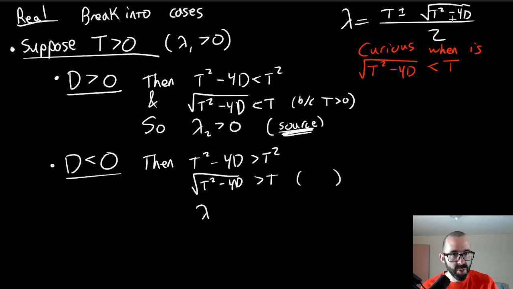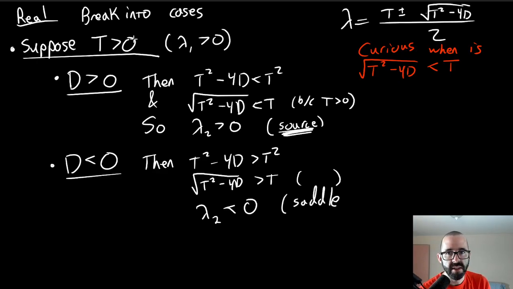And because this part is bigger than this part, then the second eigenvalue, when we subtract, will switch the signs. If this is bigger, we have a smaller number subtracted by a bigger number. That'll give us a negative number. So our second eigenvalue would be negative here.